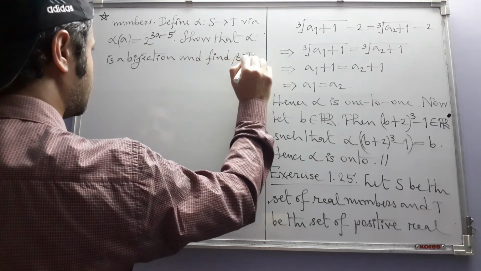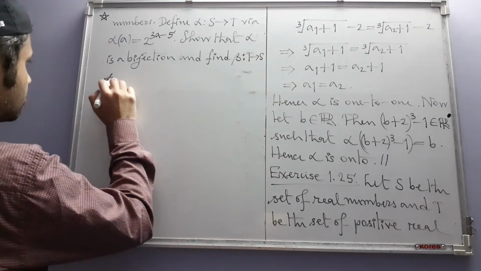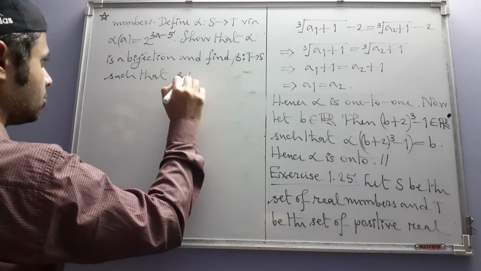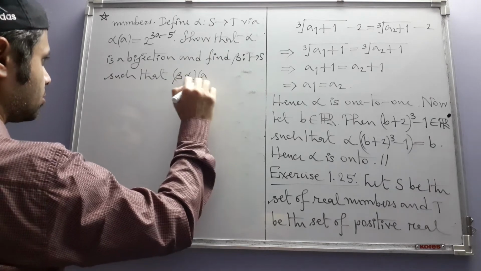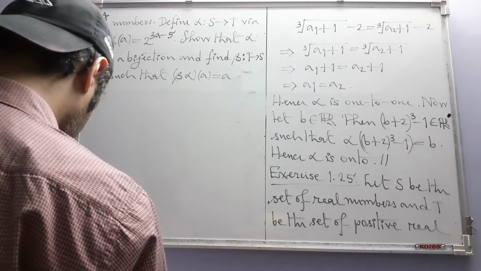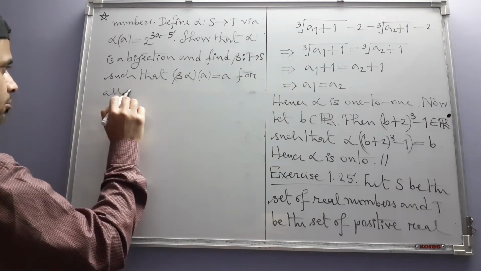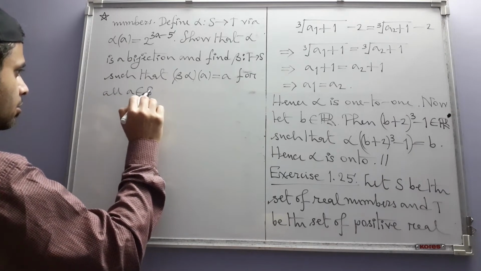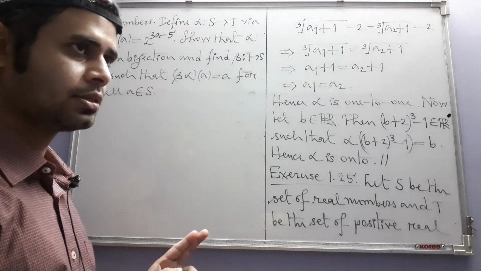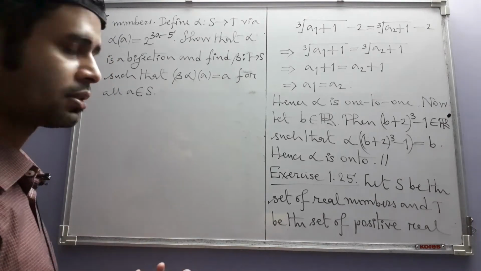Show that alpha is the bijection and find a function beta from T into S such that beta alpha A is equal to A for all A belonging to S. That means not only do we have to show that the function alpha is a bijection, it's both 1 to 1 and onto, we have to find the inverse of the function alpha.